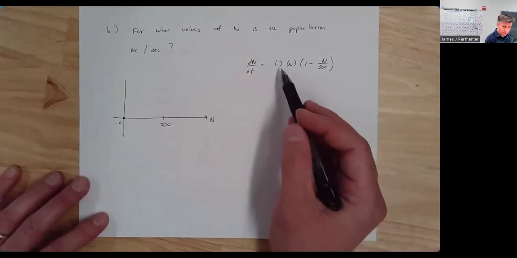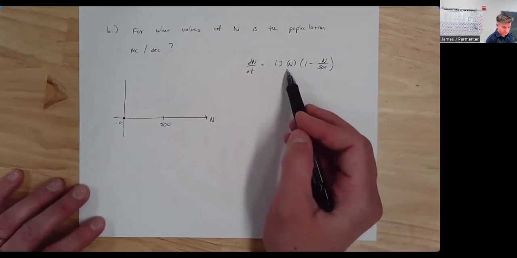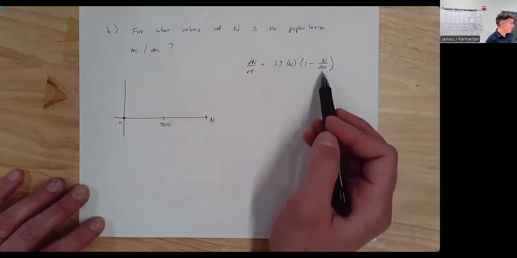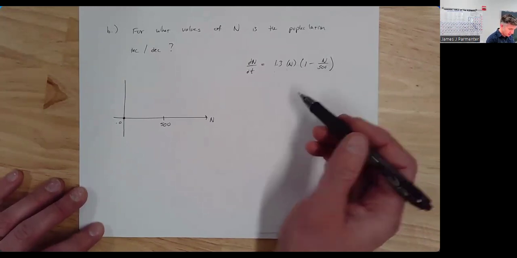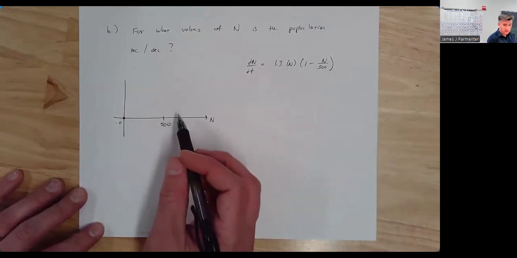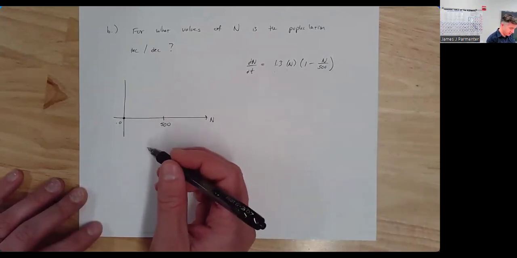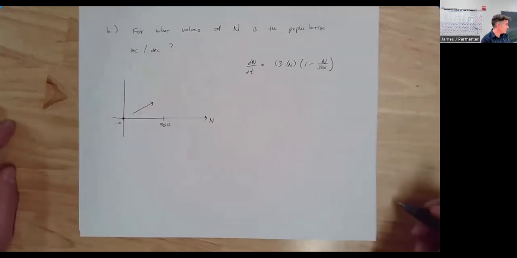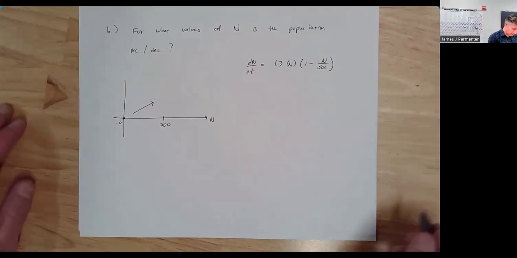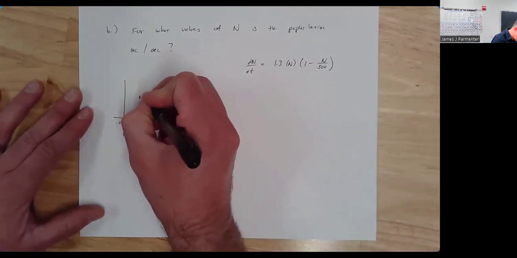I plug in 1.3 times 1 times 1 minus 1 over 500. Well, 1 is positive and 1 minus 1 over 500 is also positive. So in between 0 and 500, my derivative is going to be positive, meaning n is increasing.